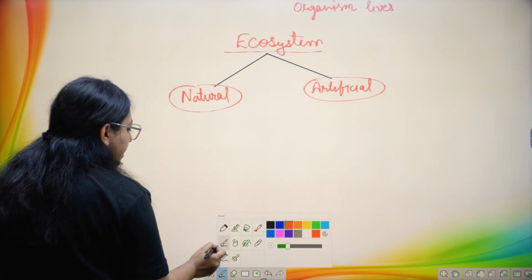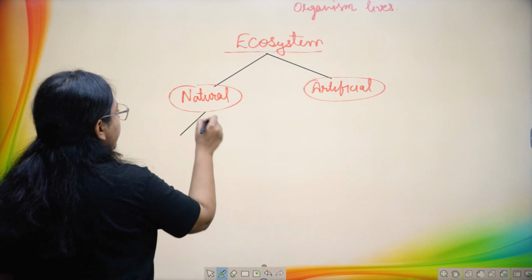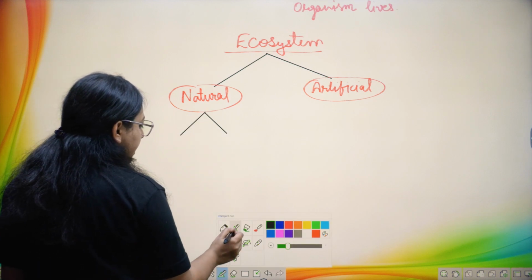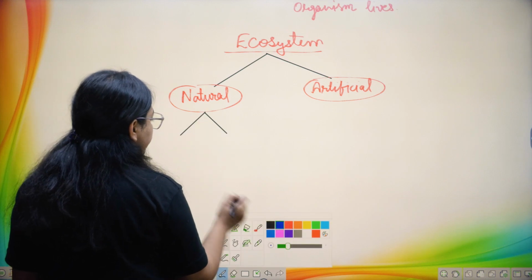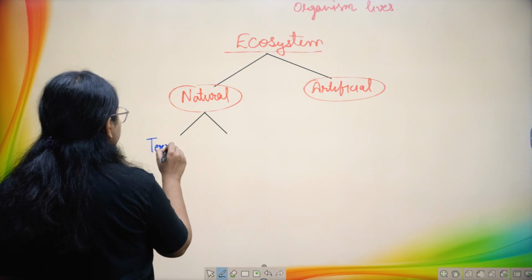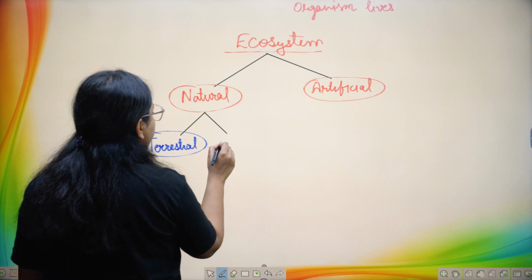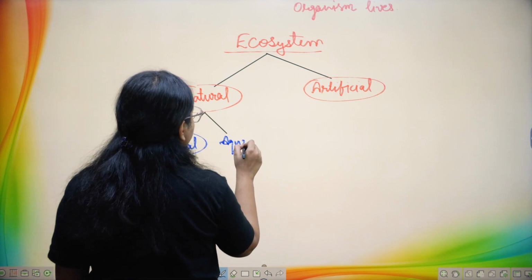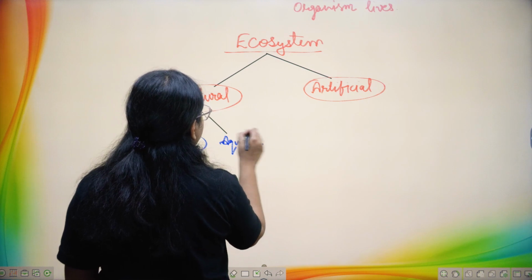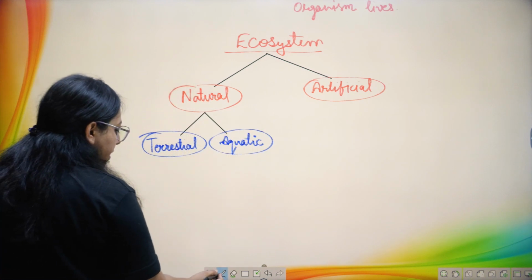The natural ecosystem can be further classified as terrestrial and aquatic. These are the two parts.